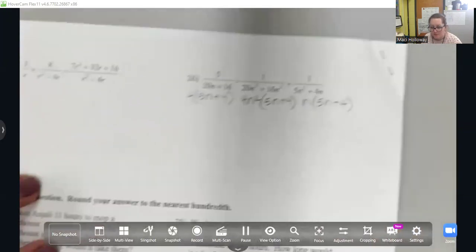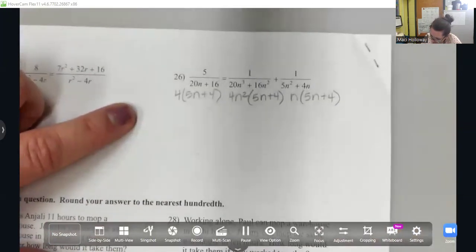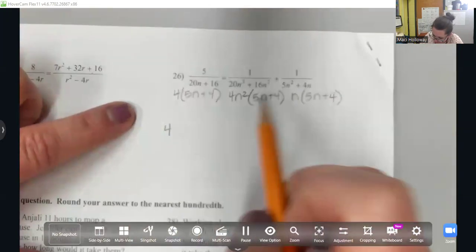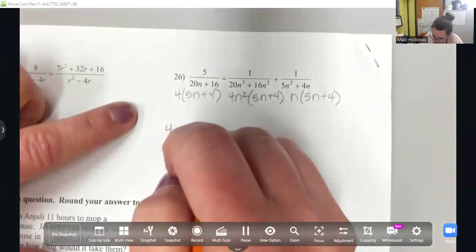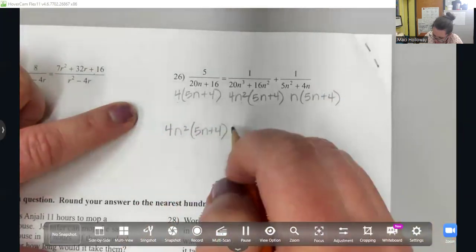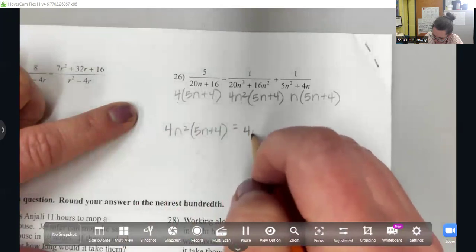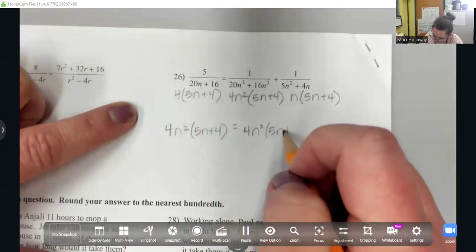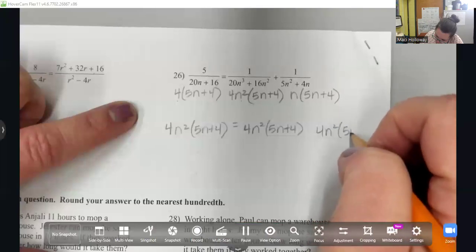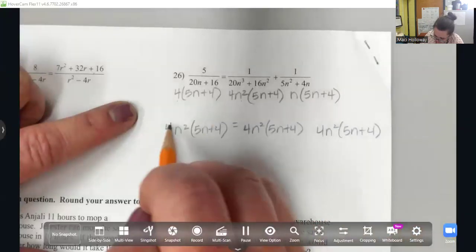So my common denominator is everything they have in common plus what they don't. So I'm thinking 4 for sure, n squared, and 5n plus 4. All right, 4n squared, 5n plus 4.